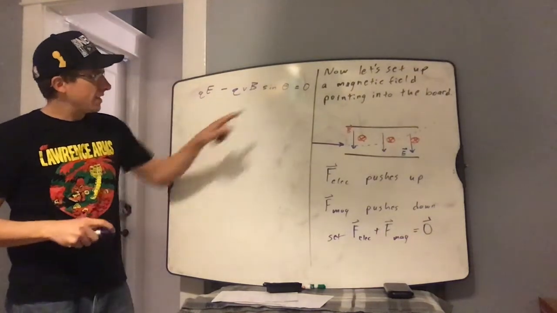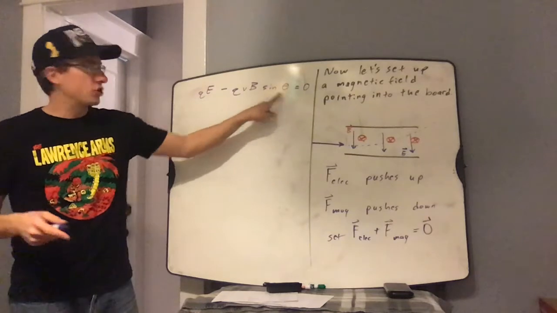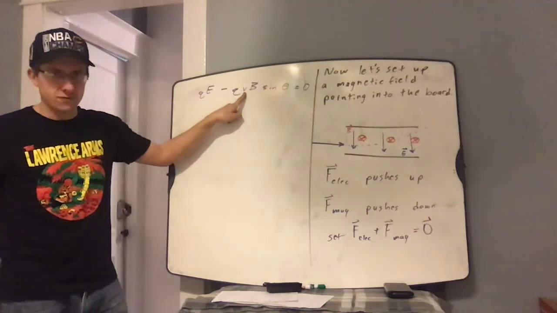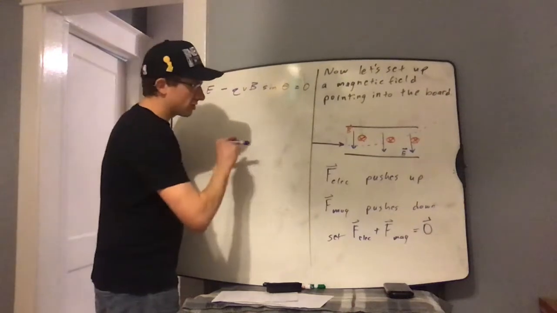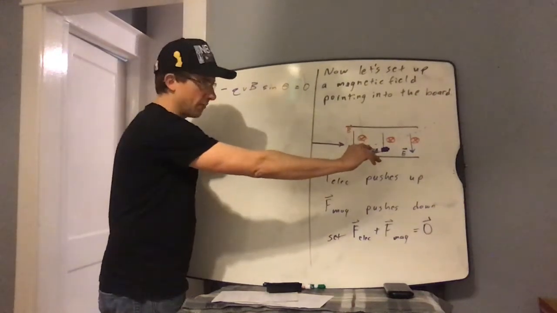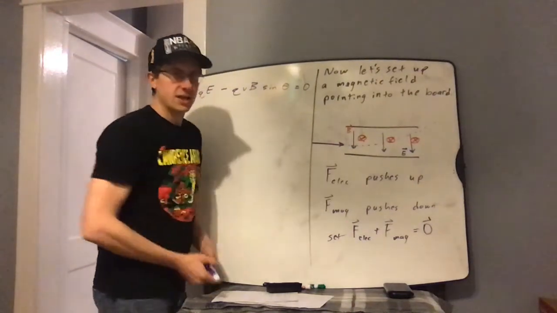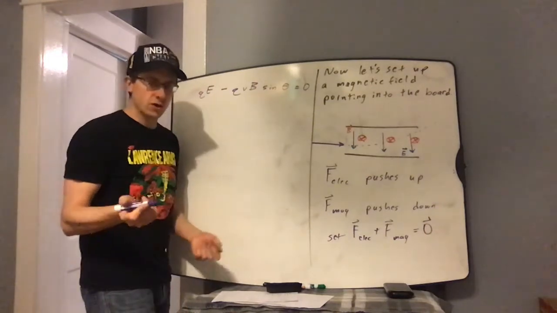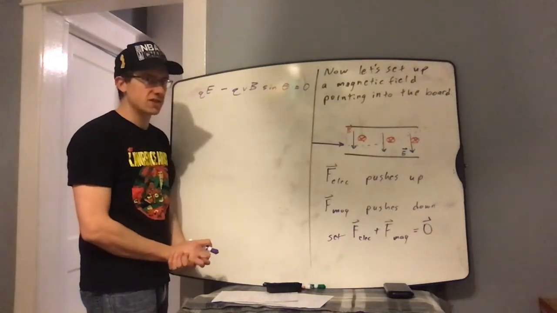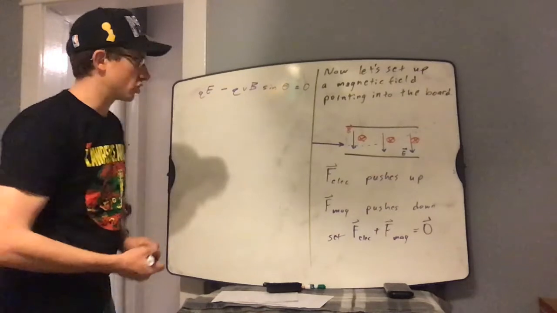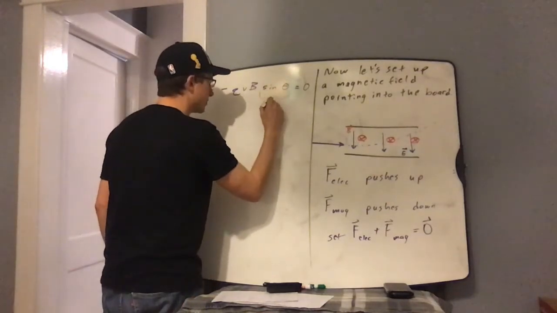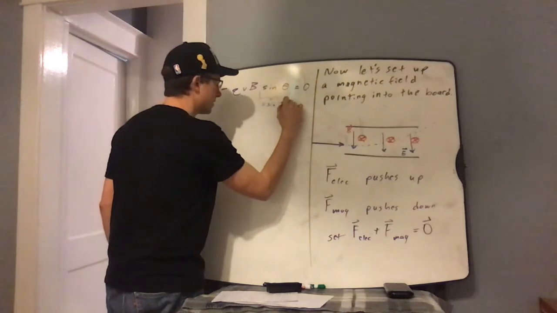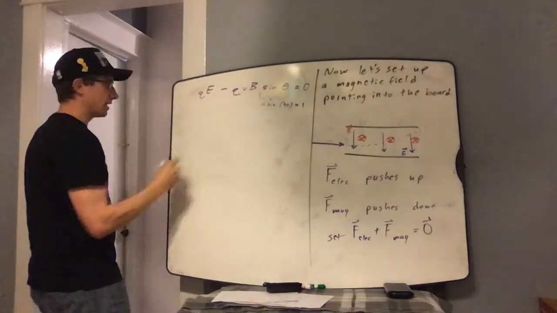Now, theta is the angle between the direction of motion, the direction of velocity, and the direction of the magnetic field. The electrons are moving to the right, the magnetic field is into the board, the angle between those two quantities is 90 degrees, and the sine of 90 degrees is just 1. So this is actually going to be equal to sine 90, which is just equal to 1 anyway.